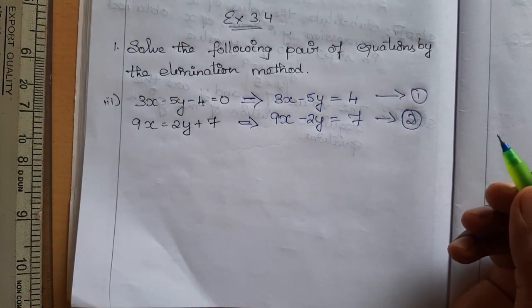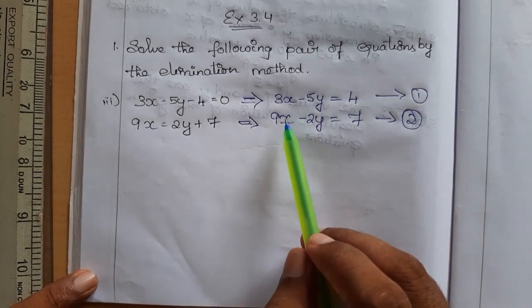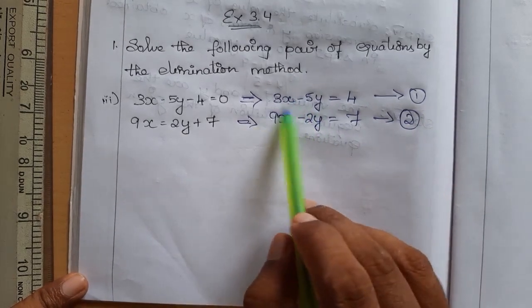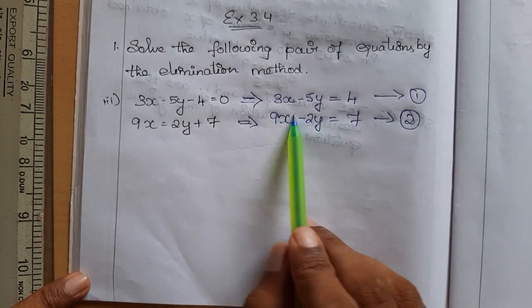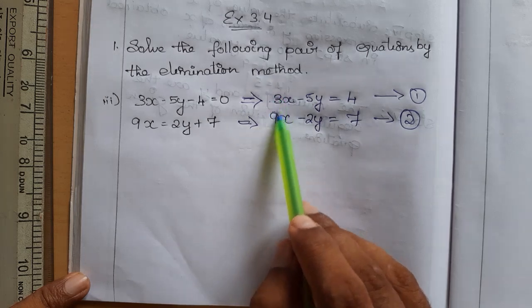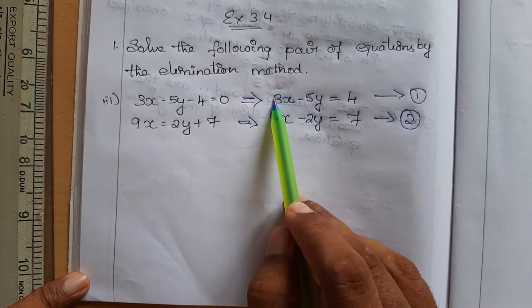So first, we have to multiply by a number so that the coefficients are the same. Let me consider the x. We have to multiply one number with the first equation and another number with the second equation so that both coefficients are the same. Here is the 9, here is the 3. Multiplying the first equation by 3, it will change to 9, right?